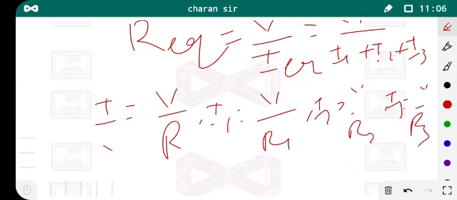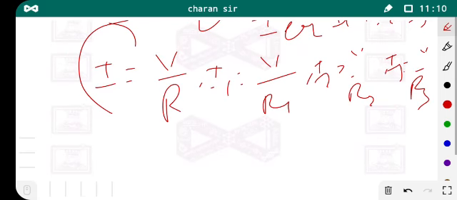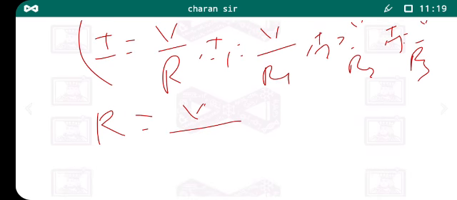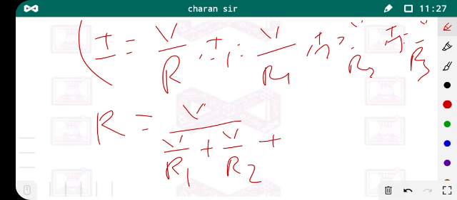Substitute these values in the above equation. You get R equivalent is equal to V divided by V by R1 plus V by R2 plus V by R3.